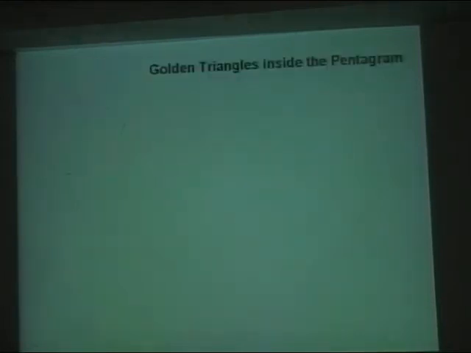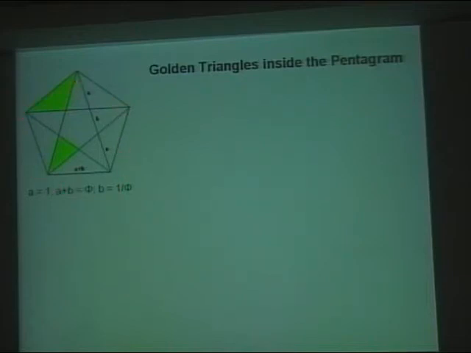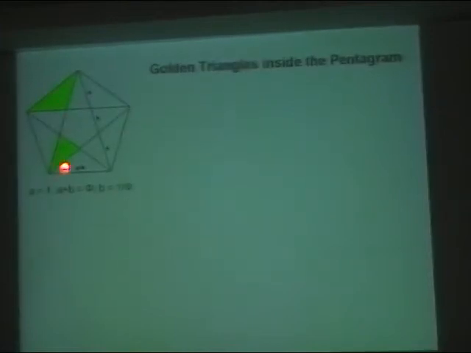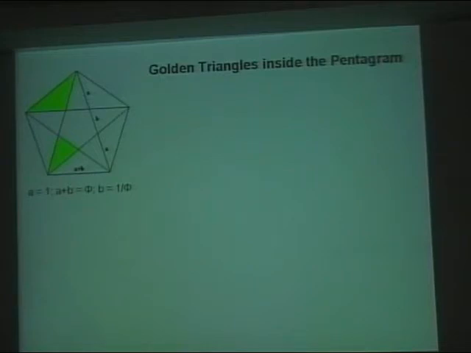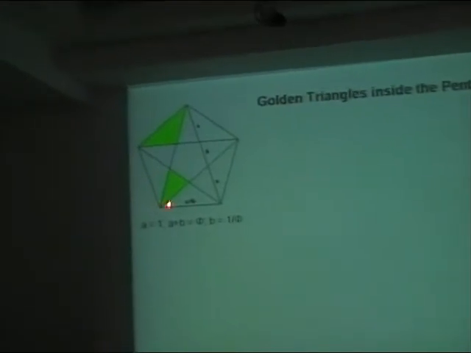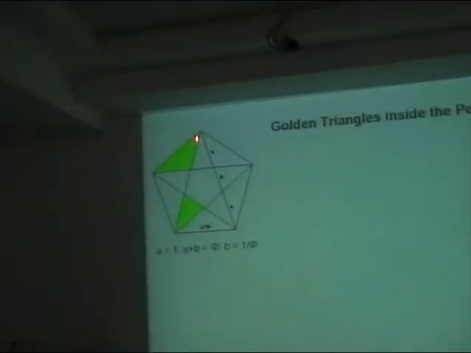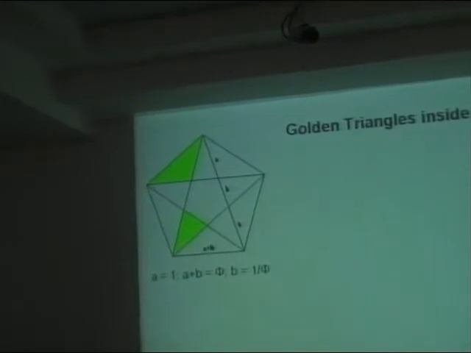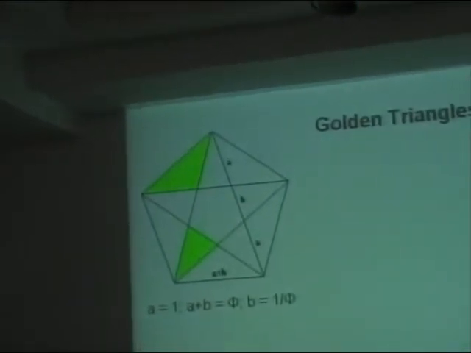And not only of a pentagram, but pentagrams are connected with triangles. Because if we have a pentagram, like this one, inside a pentagon, right, you get some triangles, don't you? And those triangles are called golden triangles, because they also have the proportions of phi. And there are two kinds of them. There are acute triangles and there are obtuse triangles, depending on whether it's a triangle with a narrow point or a triangle with a broad point.